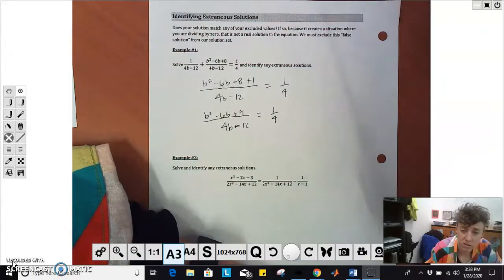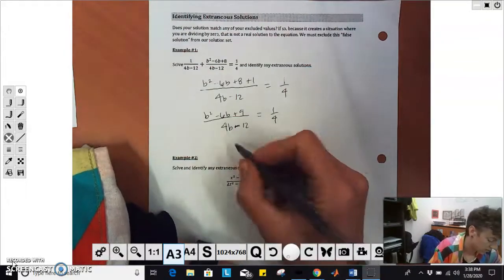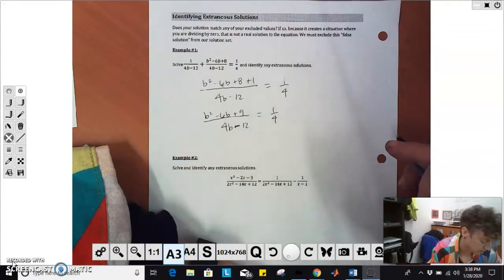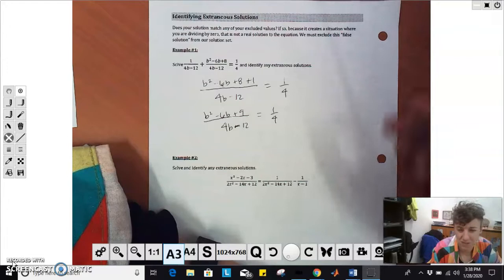We could actually cross multiply. You could do that if you wanted. Or we could factor this bottom, find our lowest common denominator, and solve that way, which is what we were doing before, so let's just go ahead and stick with it.